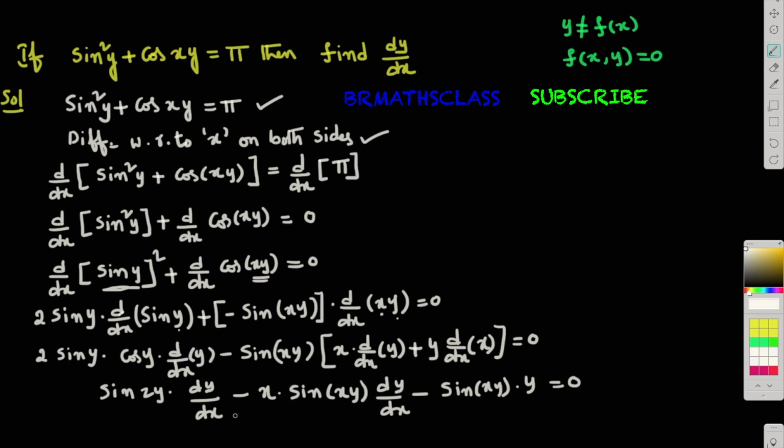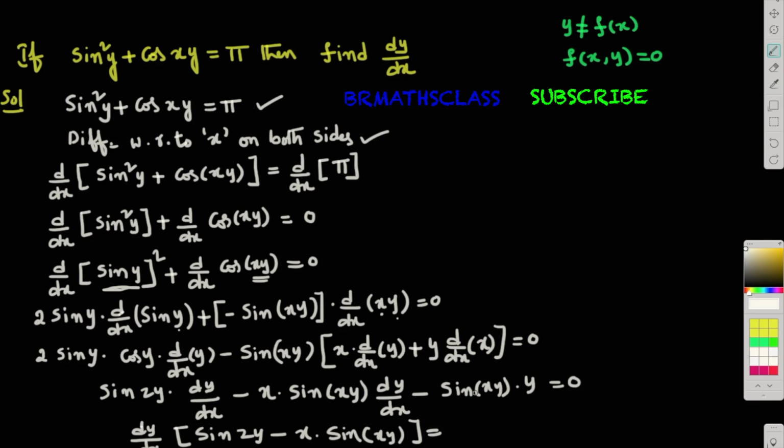If you observe these first two terms, we can take dy by dx common. So you take dy by dx common. If you take dy by dx common, then in the left hand side, what are the things remaining? Sin 2y minus x into sin of xy. Now, whatever the terms which are not having dy by dx, you take them to the right hand side.